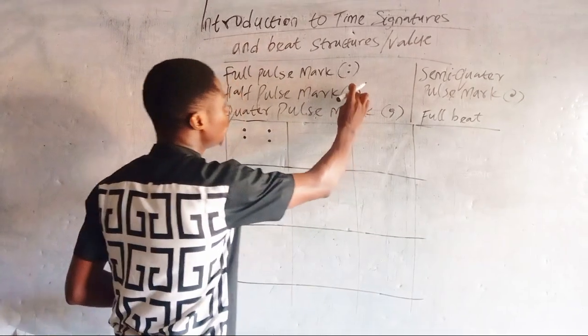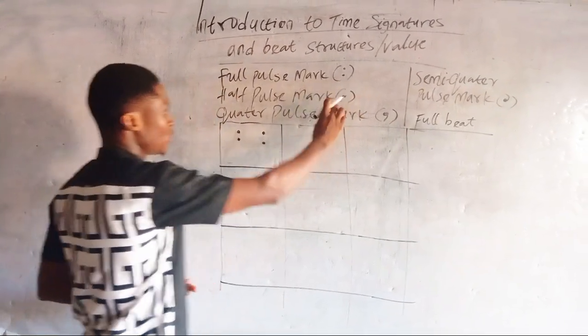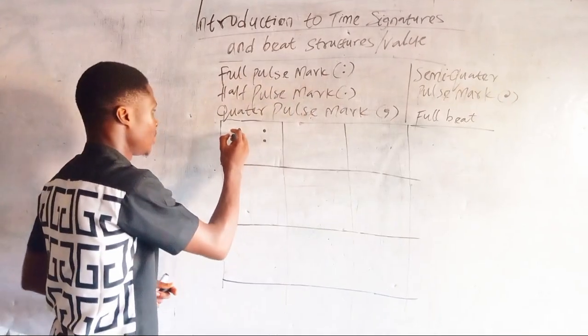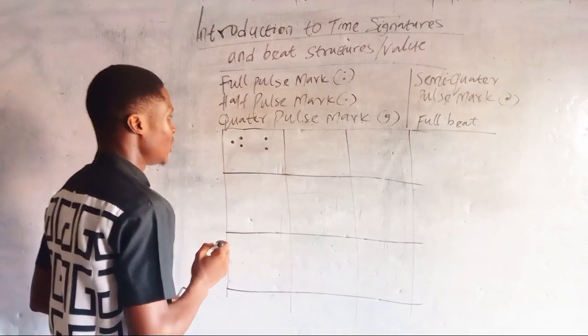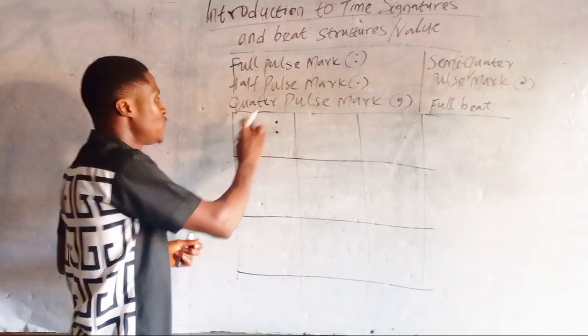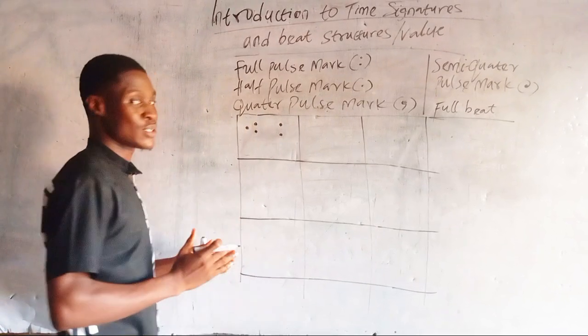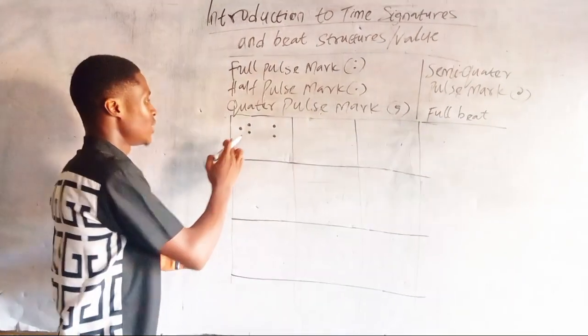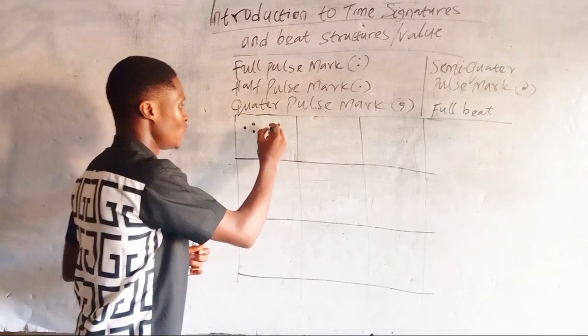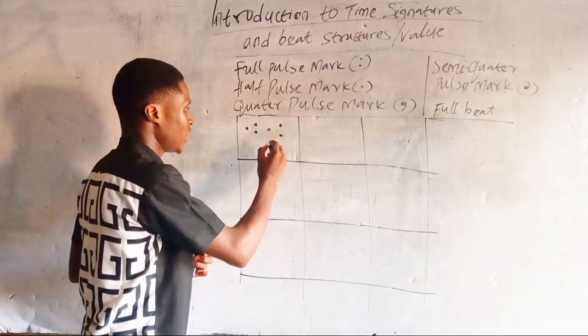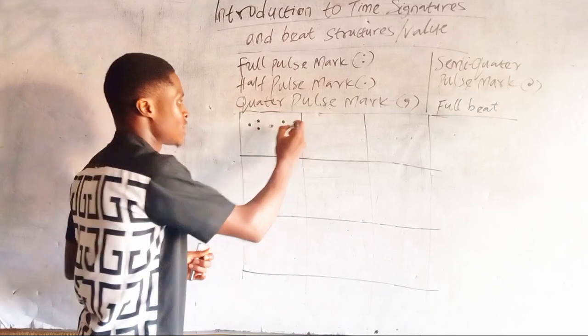Now, when you introduce the half pause mark, which is the full stop, at this point, you are dividing this full beat into 2 equal halves. So this is a half, this is a half. Introduce the half pause mark here, you have divided it into 2 equal halves.